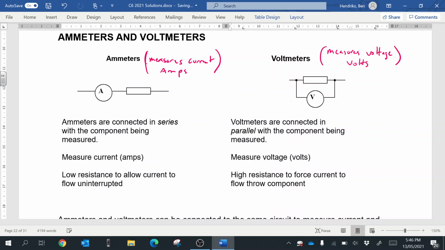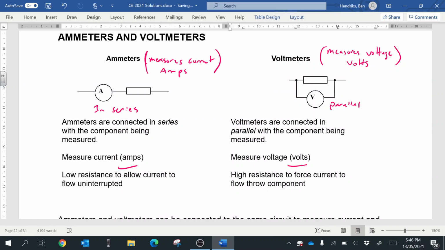The key thing is how they're connected. The ammeter is connected in series, as it says in our notes, and the voltmeters are connected in parallel.